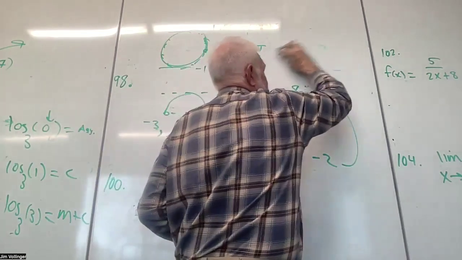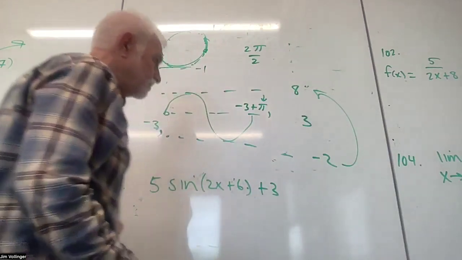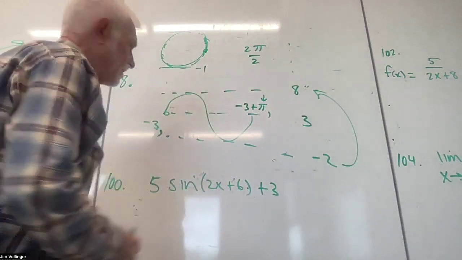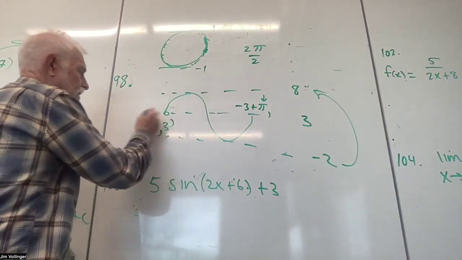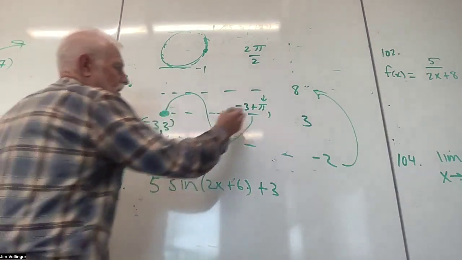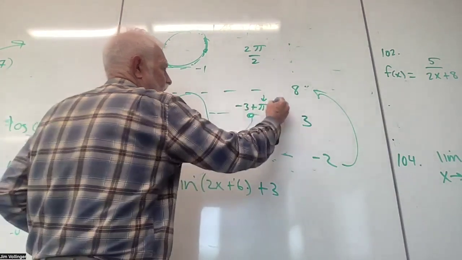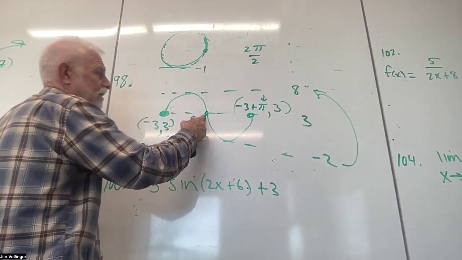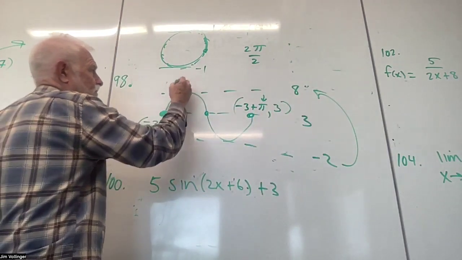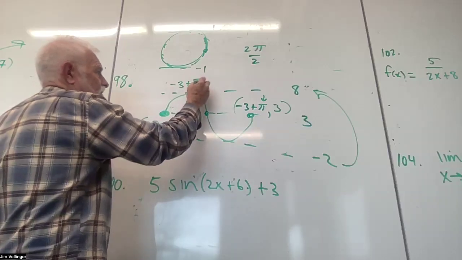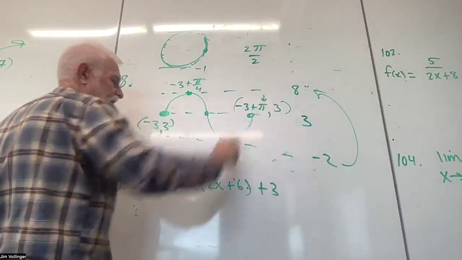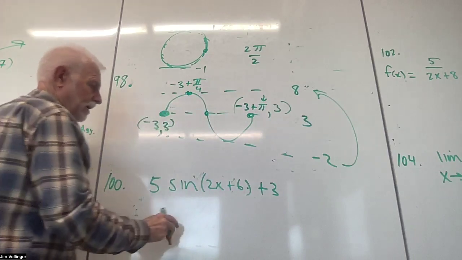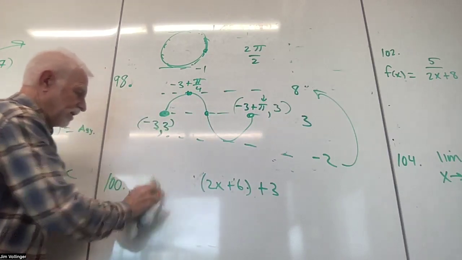Twice as fast. All right, so I put in -3, that location, -3 plus pi, that location. So -3 plus pi over 2 is that location, and -3 plus pi over 4 is this one. And it should get us 8. I think it's worth doing that one. So let's write 5 sine over here.